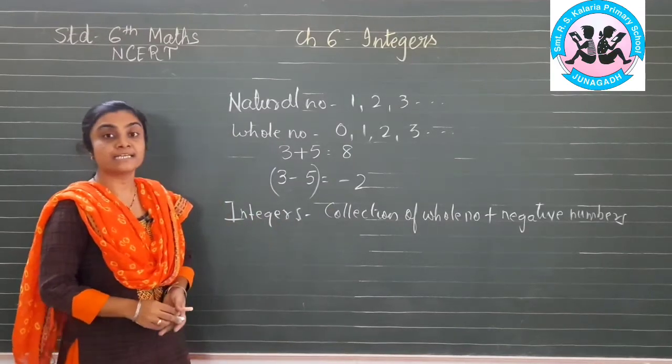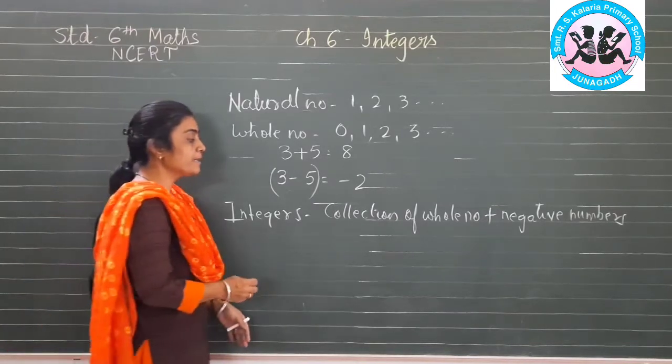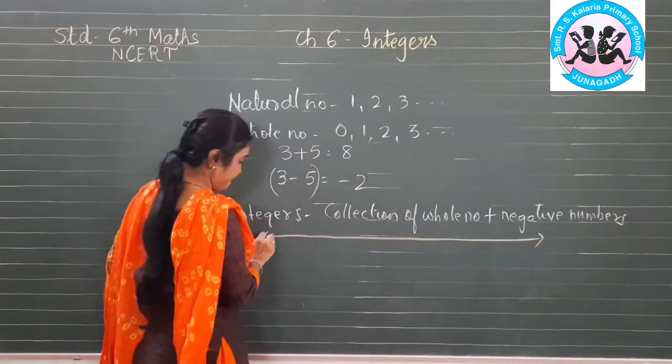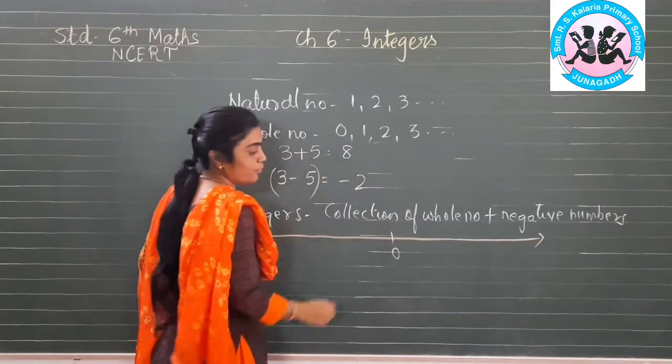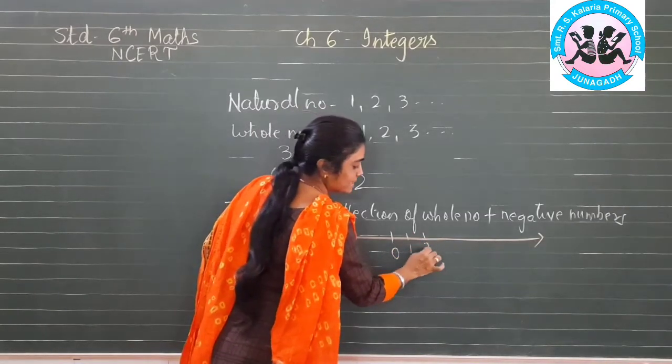So let us represent these integers, negative numbers, positive numbers on the number line. Zero, and all the numbers above, that is on the right side, will be all positive numbers.